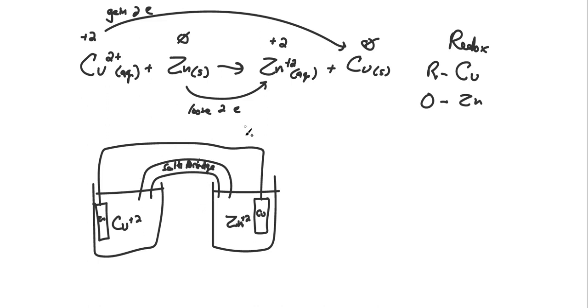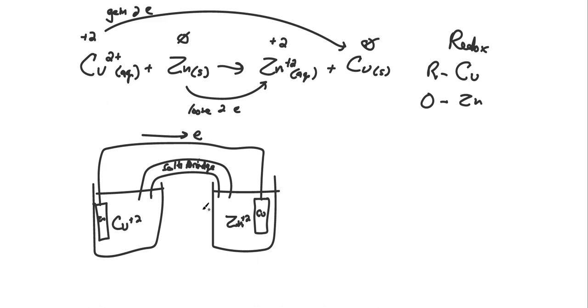So what's going on here? Well, what happens is where our electrons go, they go from the copper plus 2 to the copper. So the electrons flow towards the copper. So we got an electron flow going across here to the copper. So now zinc loses 2 electrons.